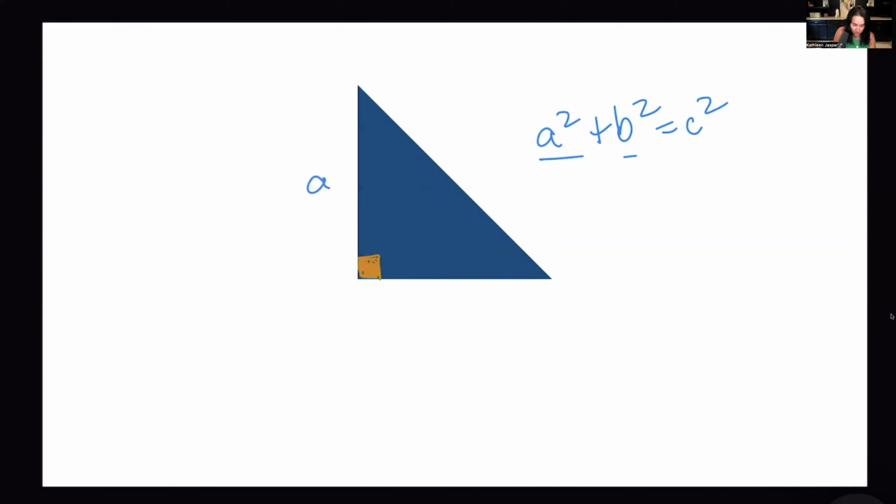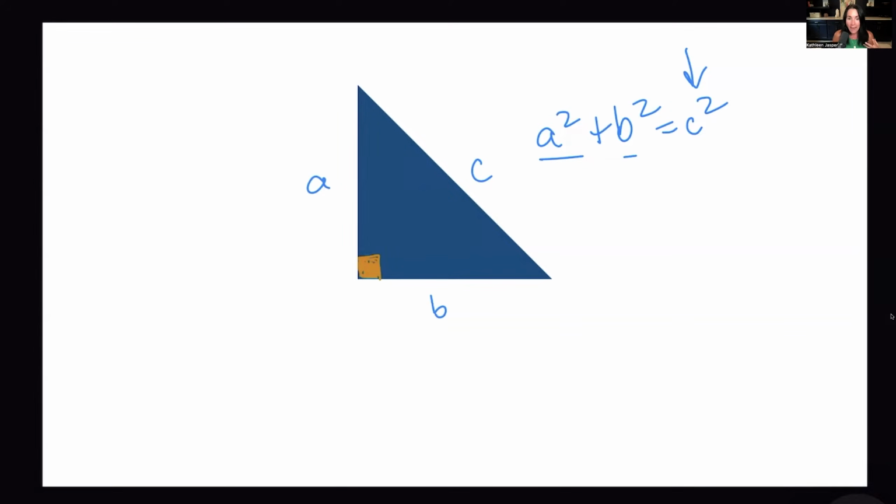A and b are always going to be here, and it doesn't matter which one they are. You don't have to worry about that. C is always the hypotenuse. This equals c squared has to be the hypotenuse. You can change these legs, b can be a, a can be b. It doesn't matter, but c always has to be the long leg or the hypotenuse.